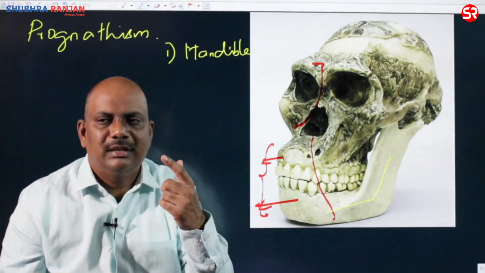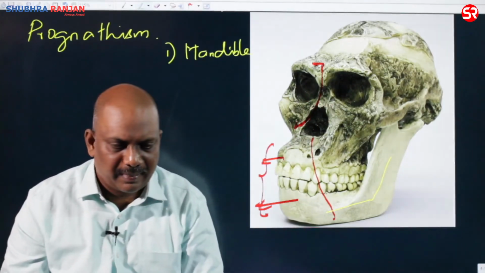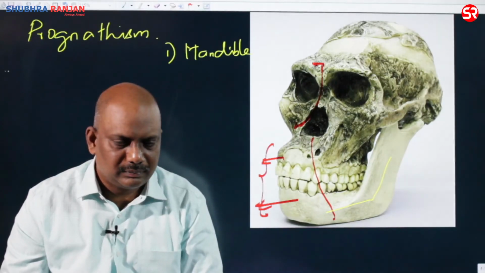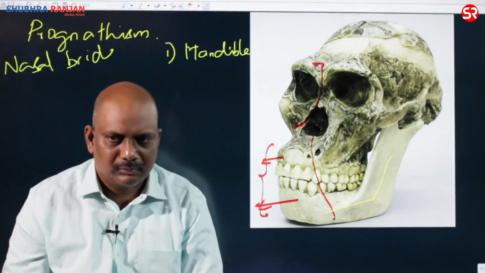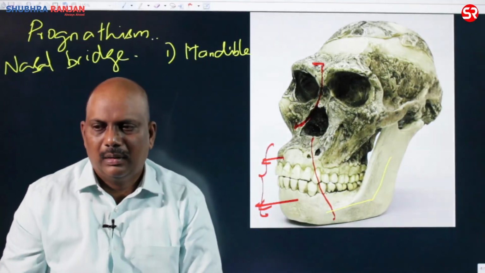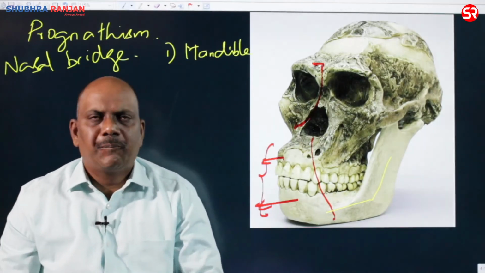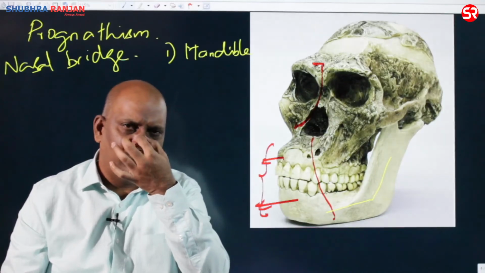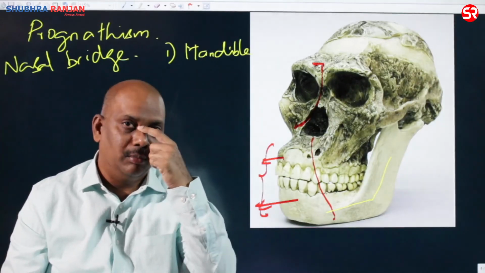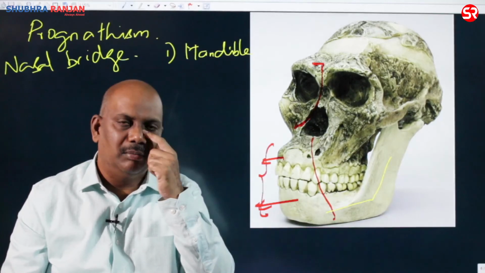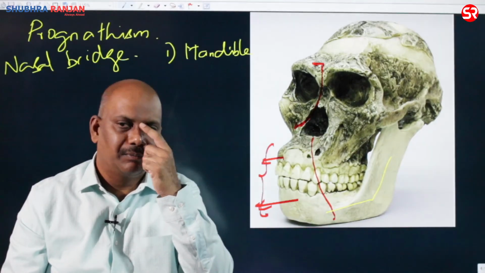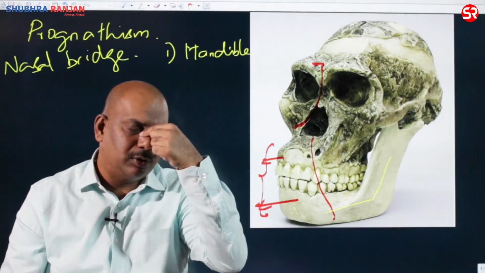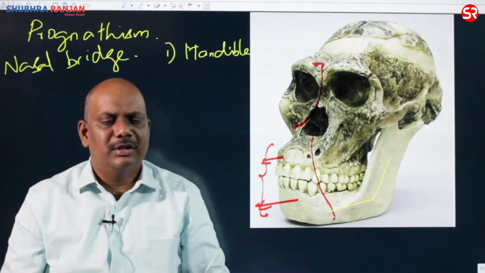Nasal bridge means, see here, in our nose, in the front portion there is a soft bone and behind that there is a very hard bone. This hard projecting bone is called the nasal bridge.